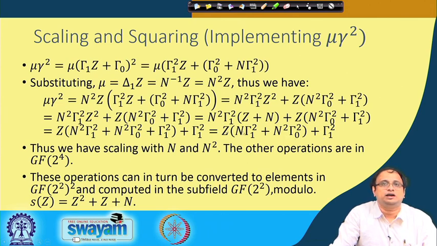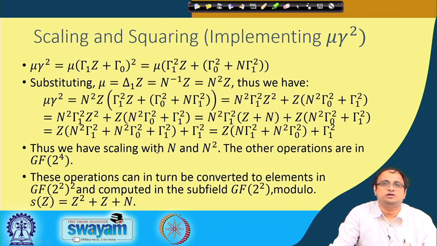Note that it is easy to verify that you have got n square gamma 0 square which comes here, but the other term, if I take gamma 1 square, I will get n square plus 1, and n square plus 1 is nothing but n, because n square plus n plus 1 is equal to 0. So, this is your corresponding operation when you have done scaling and squaring. This is your final result till this point.